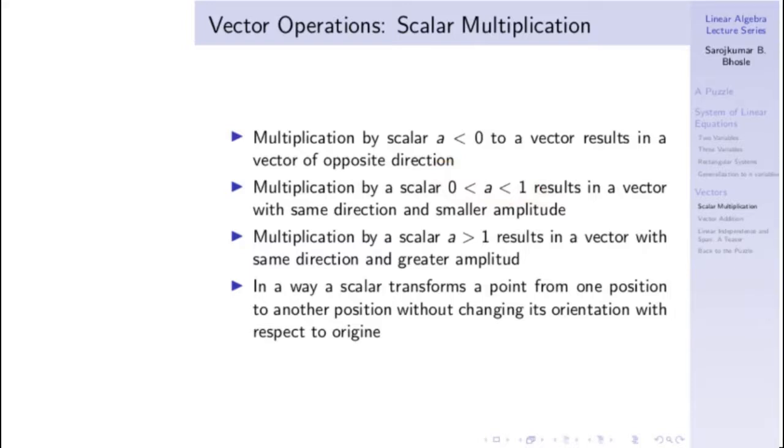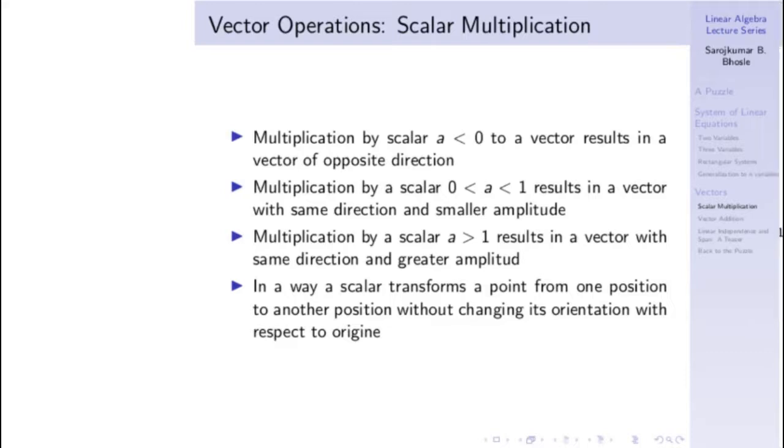If we multiply a vector by a scalar greater than 1, it results in a vector with greater length or amplitude and, obviously, the same direction. In a way, a scalar transforms a point from one position to another, but it does not change the orientation with respect to the origin. This is very important to understand.